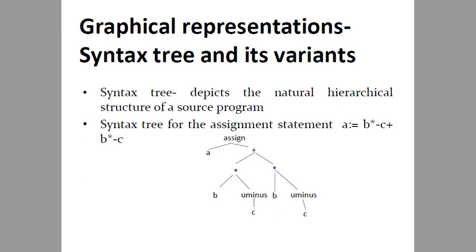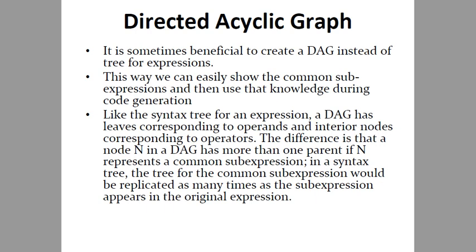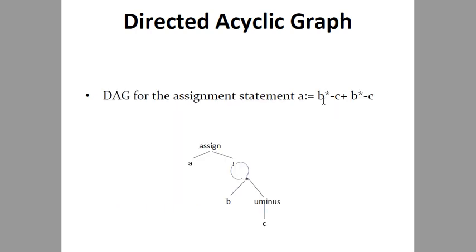The difference between a syntax tree and a DAG is that in a syntax tree we did not do any reduction for common sub-expressions, but in a DAG we reduce it. So the DAG for the same statement will be as such.